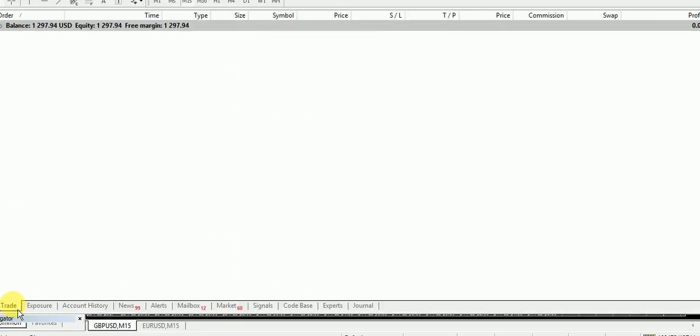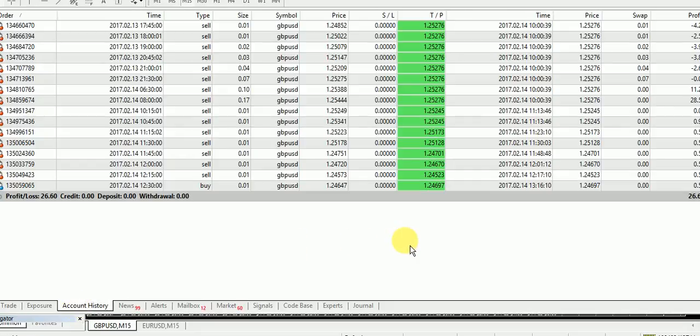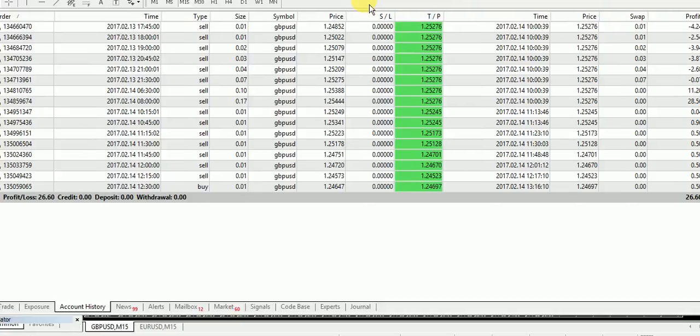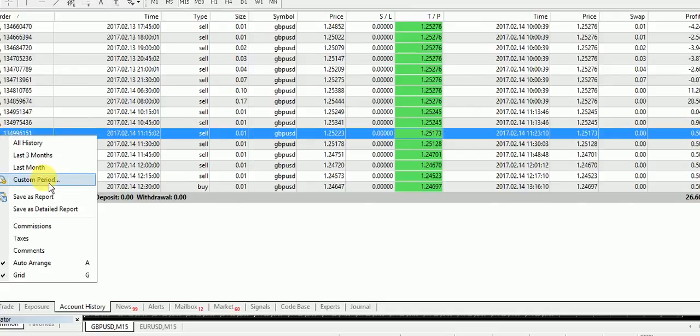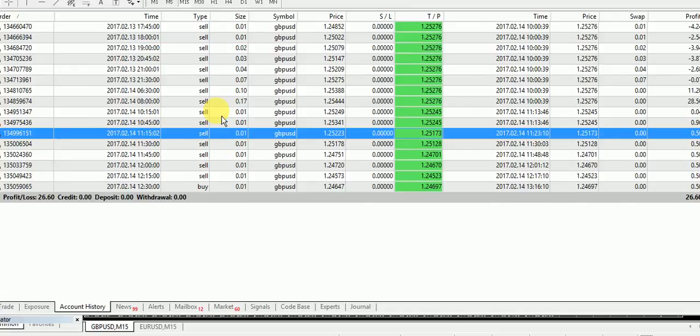I have another good robot, which is for conservative traders. These are today's results in a custom period, and it's on a $1,000 account.